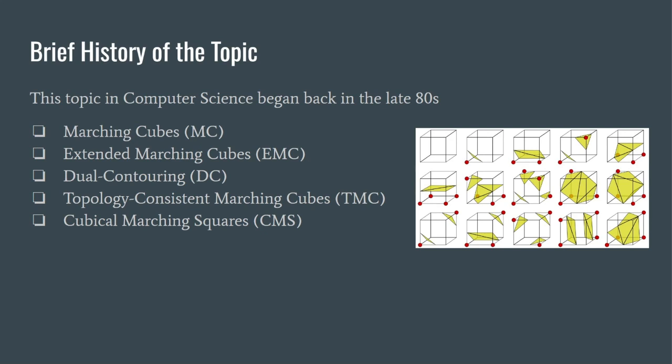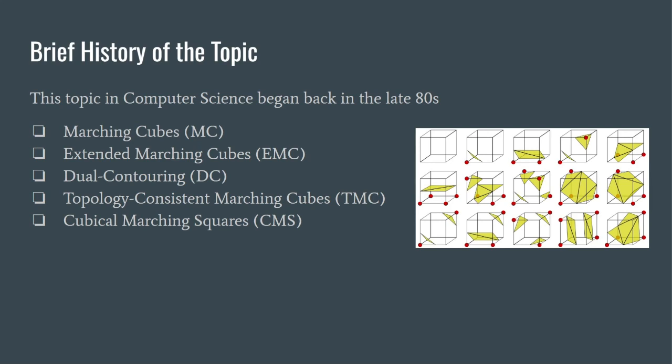So after marching cubes came extended marching cubes, which fixes the sharp features issues but loses the intercell independency, the ability to run the program in parallel. After that, we have the dual contouring method, which maintains sharp features and can be used on an adaptive grid, but again suffers from intercell dependency.